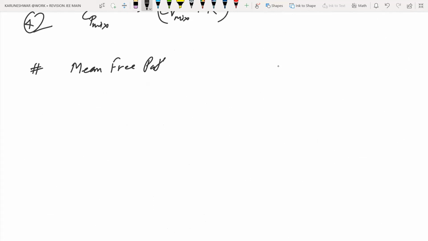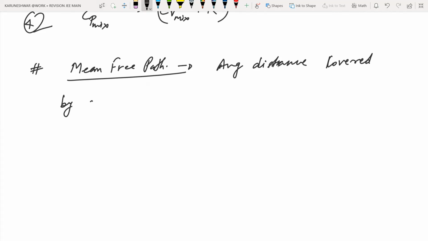Mean free path is actually defined as the average distance traveled or covered by a gaseous molecule between two consecutive collisions.